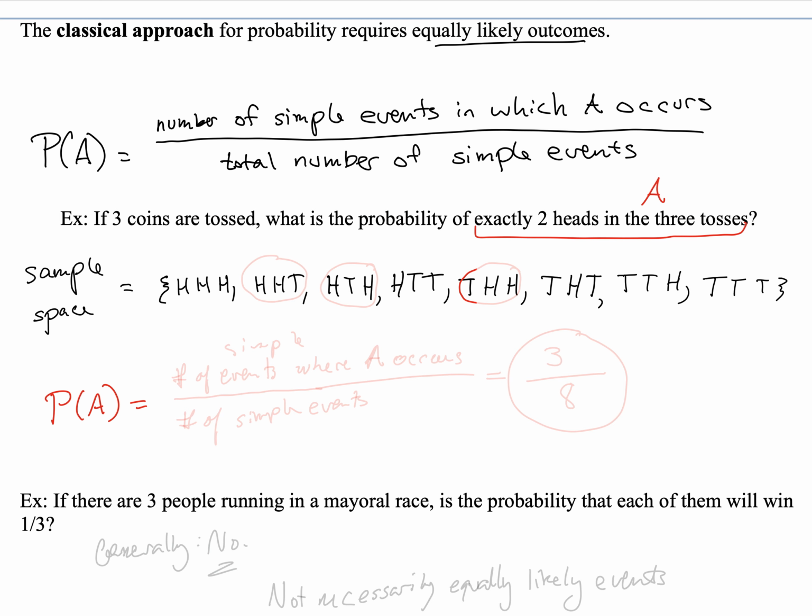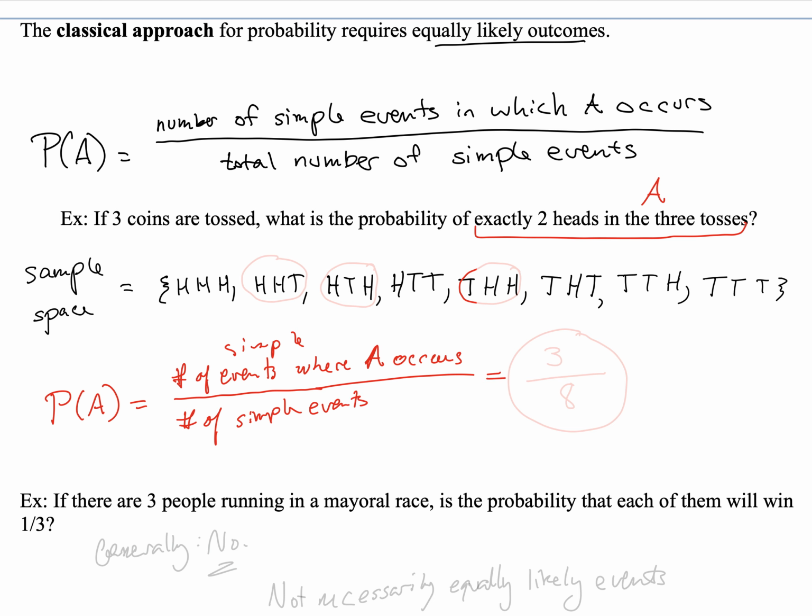What is the probability of that occurring? It's going to be the number of simple events where A occurs divided by the total number of simple events for the whole experiment.